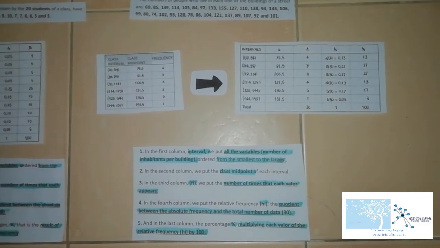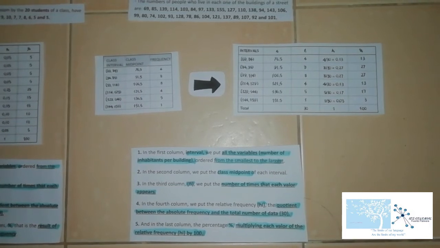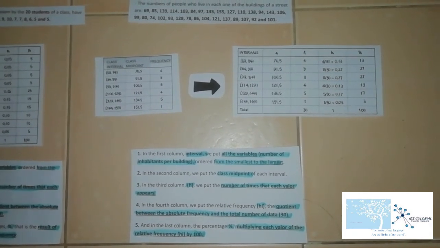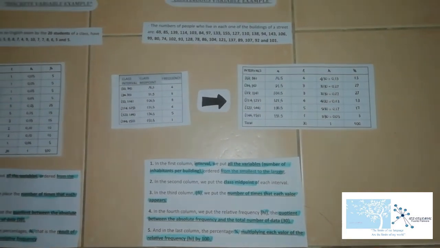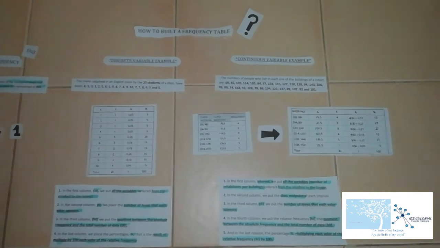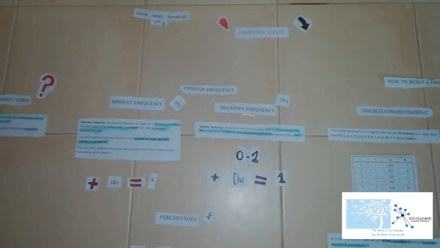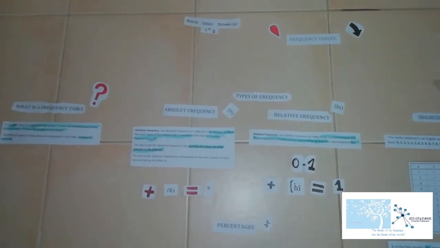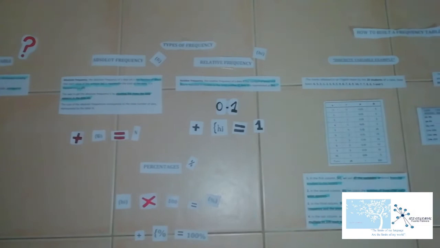In the third column, fi, we put the number of times that each value appears. In the fourth column, we put the relative frequency hi, the quotient between the absolute frequency and the total number of data, 30, and in the last column the percentage, multiplying each value of the relative frequency hi by 100. I hope you learn a lot.